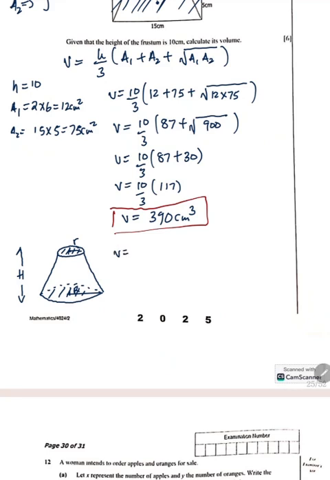Instead of just h over 3, volume is equal to pi h over 3, so you multiply by pi, then multiplied by radius 1 squared plus radius 2 squared, the bigger radius squared and the smaller radius squared, plus radius 1 times radius 2.